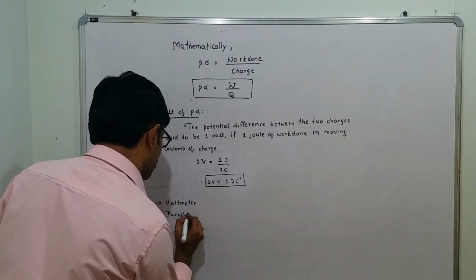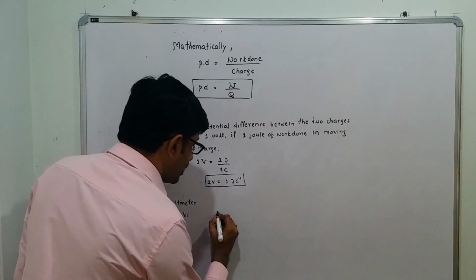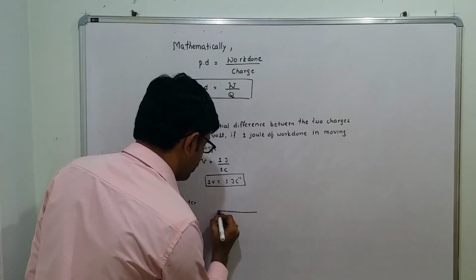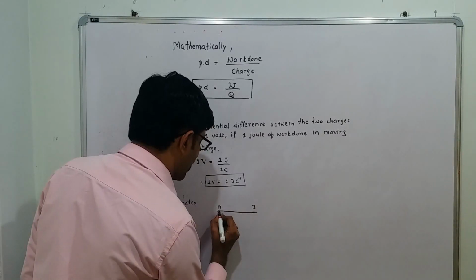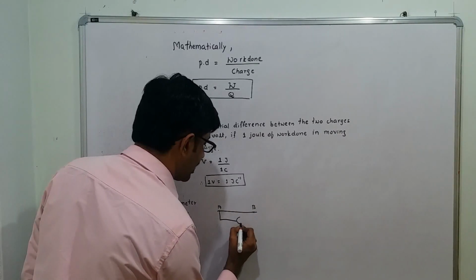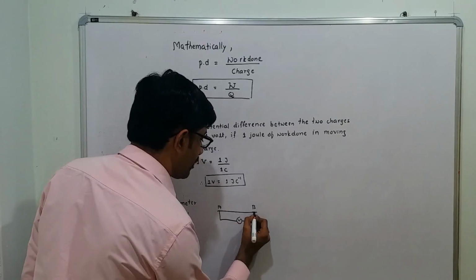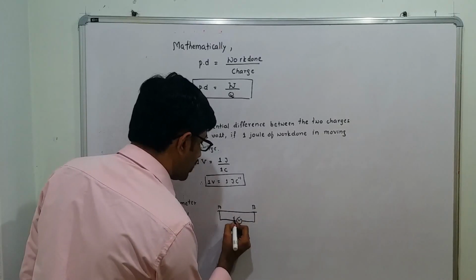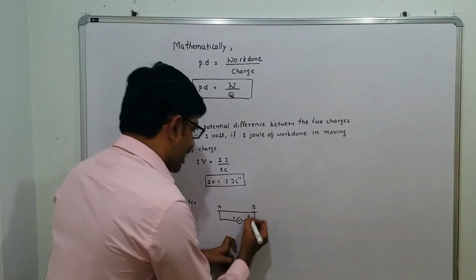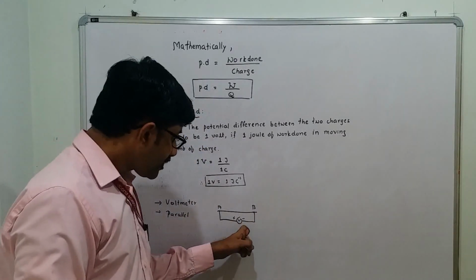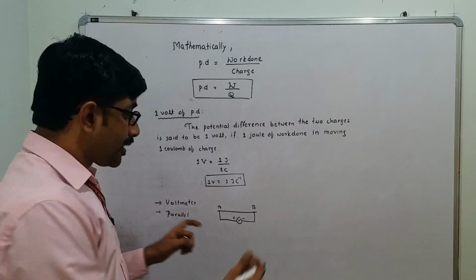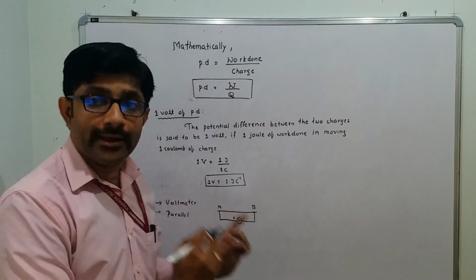Let us bring a small circuit in. If it is a wire having the points A and B, you connect the voltmeter like this, A to the positive end of the voltmeter and B to the negative end. Remember, vice versa can be done.